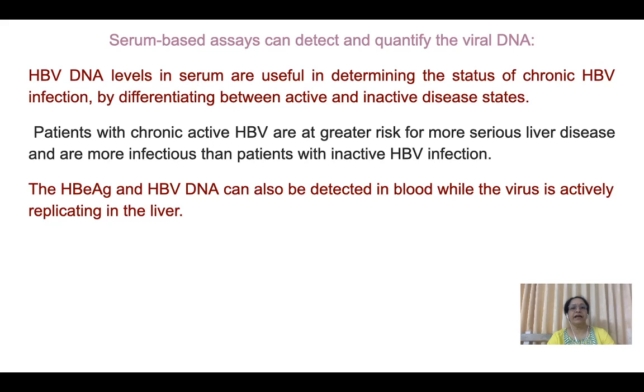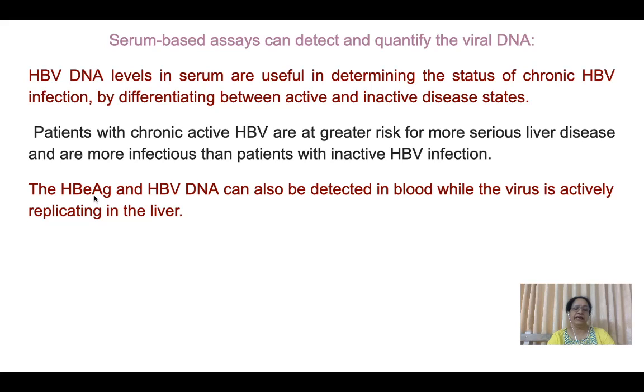Serum-based assays can detect and quantify the viral DNA. Here, hepatitis B virus DNA levels in serum are useful in determining the status of chronic HBV infection by differentiating between active and inactive disease state. Patients with chronic active HBV are at greater risk for more serious liver disease and are more infectious than patients with inactive HBV infection.